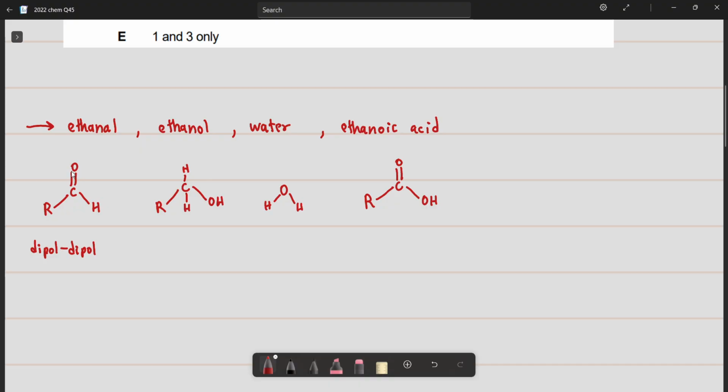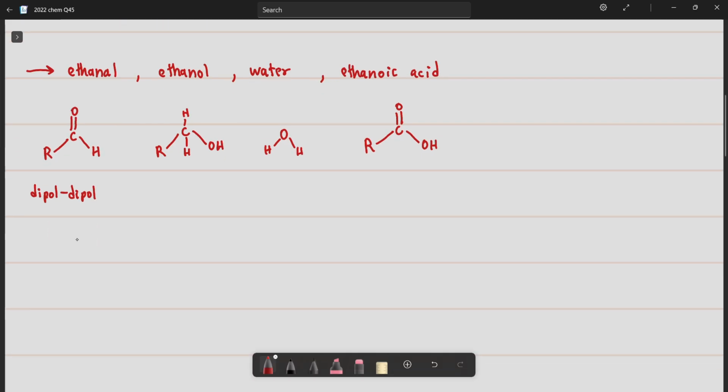So this is how it forms hydrogen bonds with the water molecule, and it forms only a single hydrogen bond. Therefore it has the lowest boiling point.